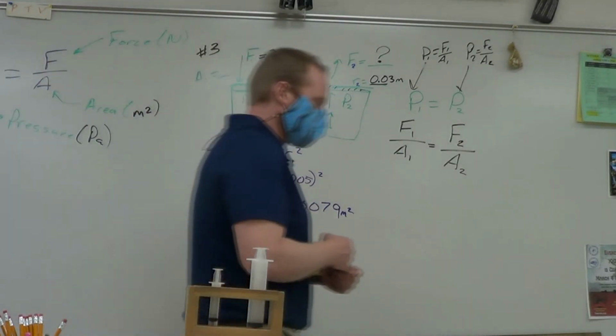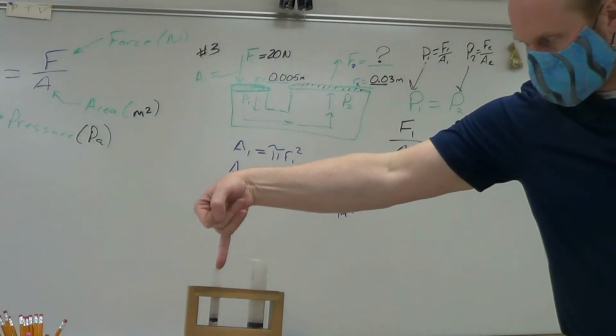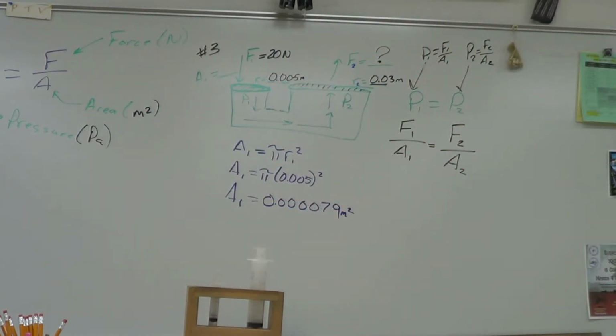And you say, boy, that's a really small number. You're right, it is. But if you look at my finger, this finger is about the same diameter as that cylinder. So if this is about a centimeter across, then my radius would be about 0.5 centimeters across, right? So remember that this thing is a square meter.